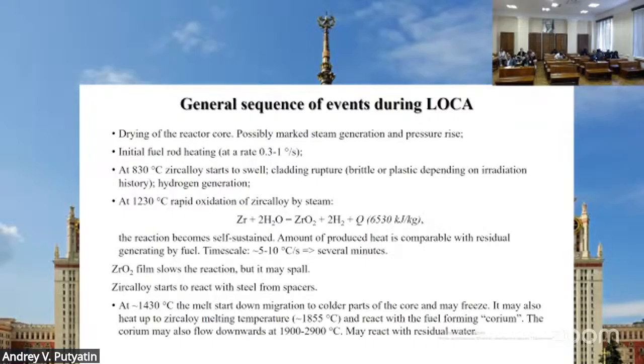To go from a relatively modest temperature of 1200 degrees to a temperature which is completely unacceptable from an engineering point of view, something like 2000 degrees, you have only several minutes. Very often one can see the statement that zirconium oxidation by steam is very fast.